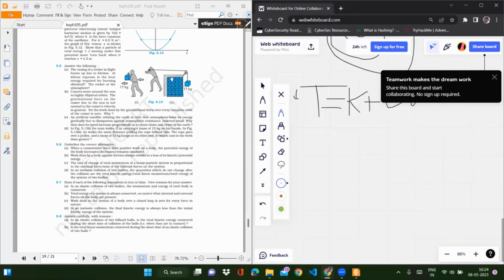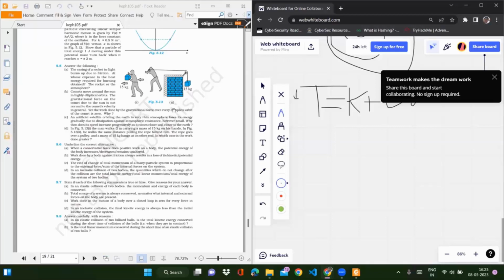In another case, there is a well, like how we lift a bucket: the man is pulling the rope and the weight is being lifted. For these two cases, we have to tell in which case the work done will be greater.